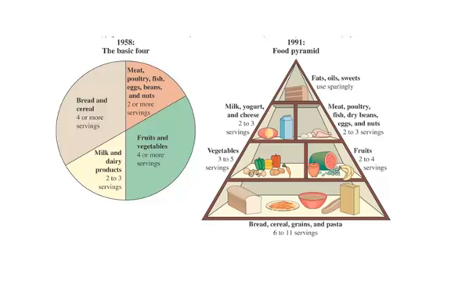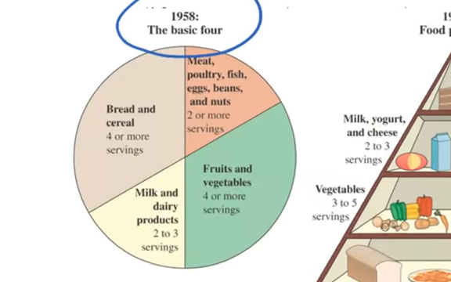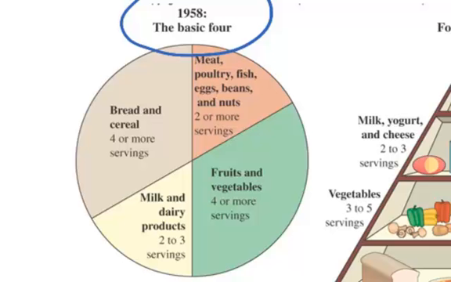The same thing is true with diet and nutrition. Way back in 1958, the government came out with this concept of the basic 4 food groups to help people know how to prepare a healthy diet. Personally, I remember seeing this image of the 4 basic food groups when I was in elementary school.